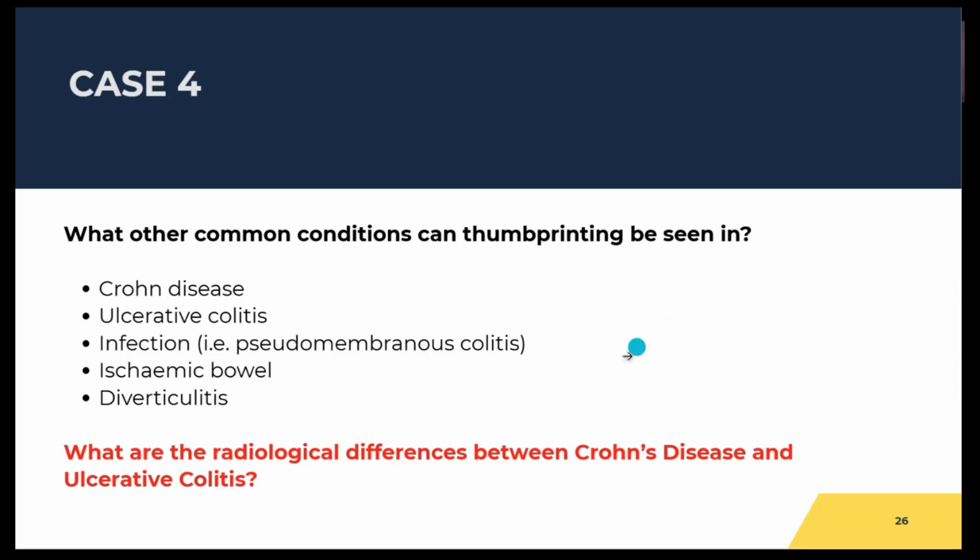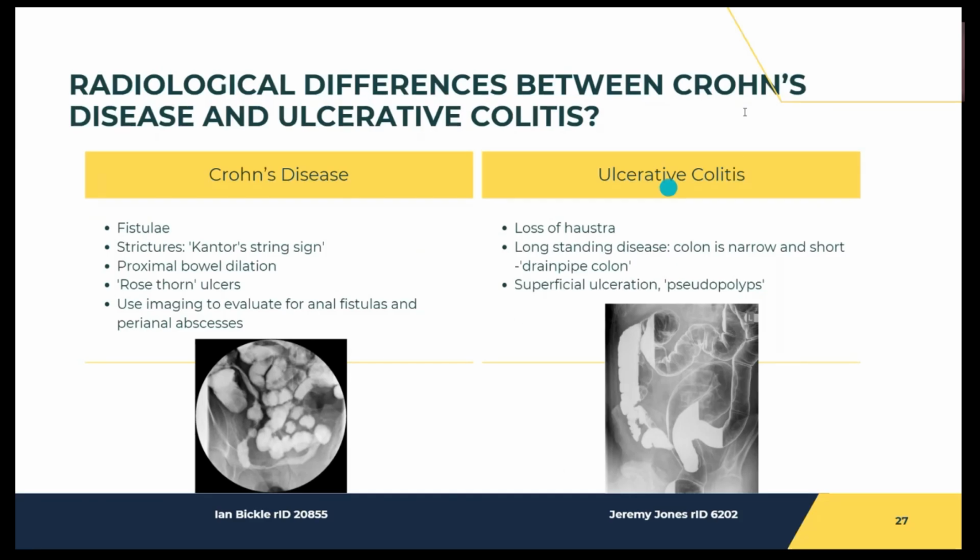So Crohn's is mouth to anus, so you will see lesions towards those areas. For Crohn's disease, you can see fistulas, you can see strictures. This is known as Kantor's string sign, which is the string-like appearance here. You can get proximal bowel dilatation. You can get rose thorn ulcers.